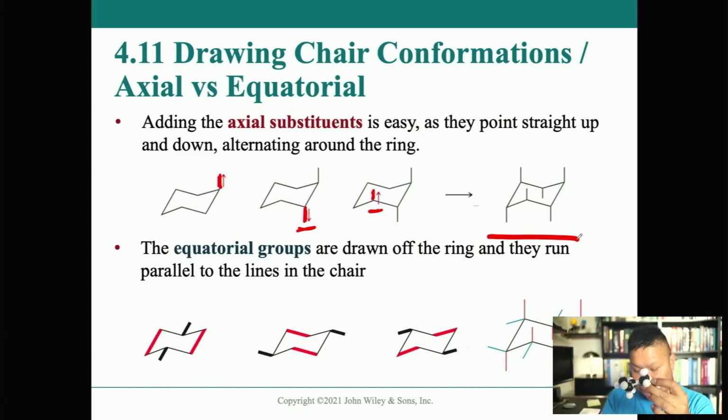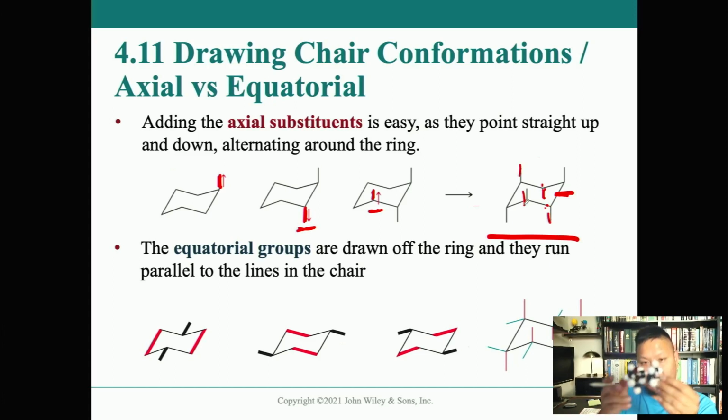Just to review here, this carbon has the axial hydrogen. Then you move to the two carbons right next to it. These axials are pointed downwards, just like these are pointed downwards. Then you get to the next two, the axial hydrogens up here, pointed upwards.